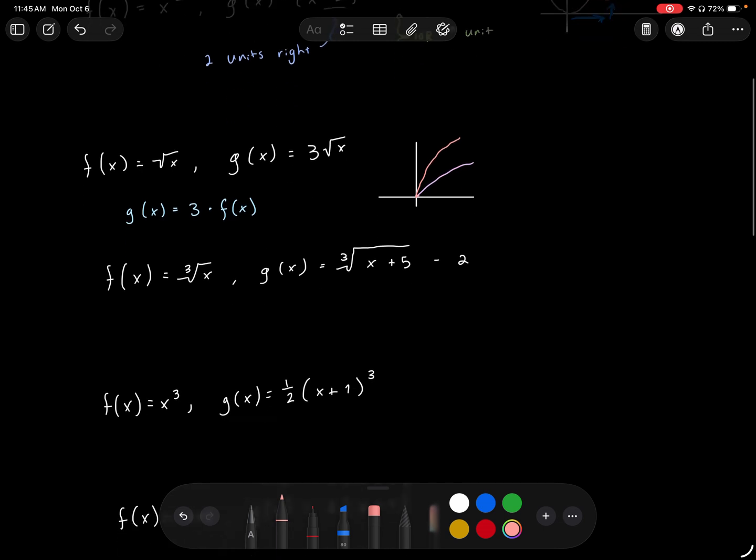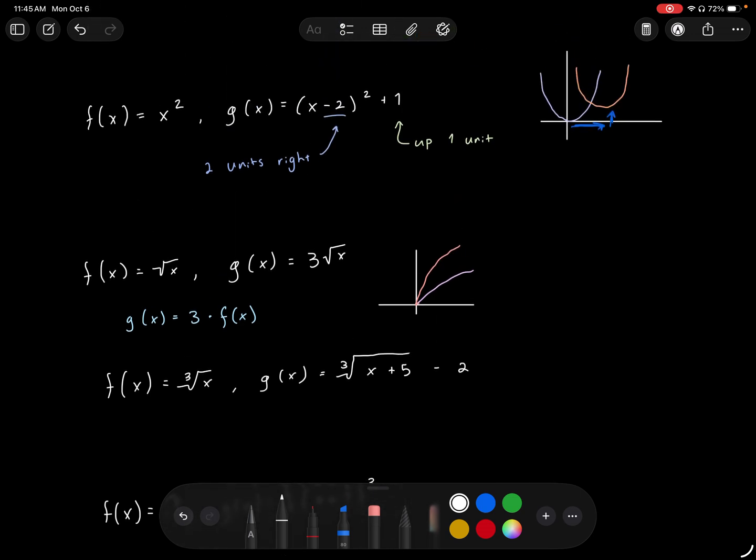For something like this, we're getting the idea here, where it's what happens to the x. Is it directly affecting the x, or is it happening on the outside of it, right? That's how you can look at it.